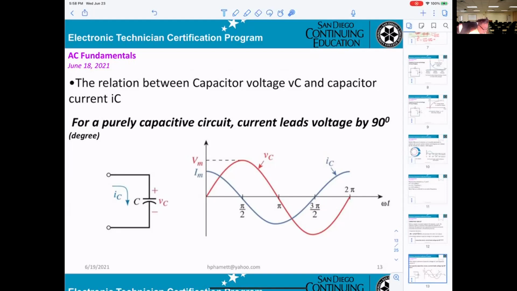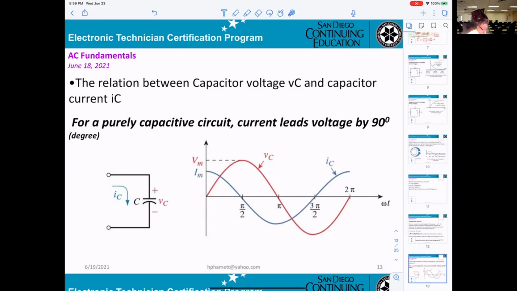Now when you see the display on the coordinates here, the red one is the voltage VC, the capacitor voltage. The blue one is displayed for the IC current. The IC current comes 90 degrees before this one, pi over 2 means 90.